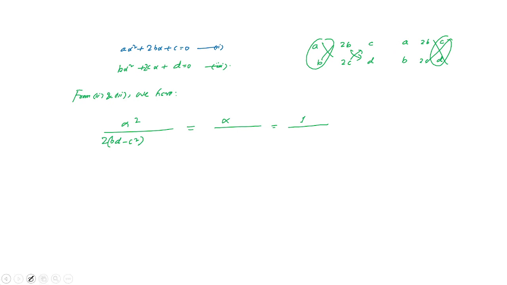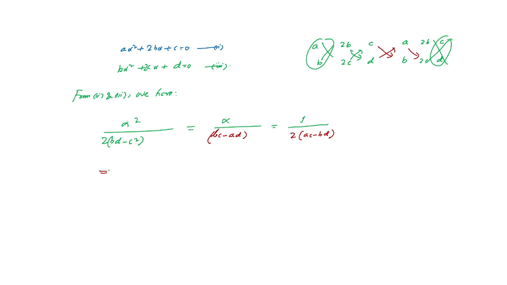Next we'll move to, here we are using the method of cross multiplication. So this is bc minus ad, and next to ac minus bd.